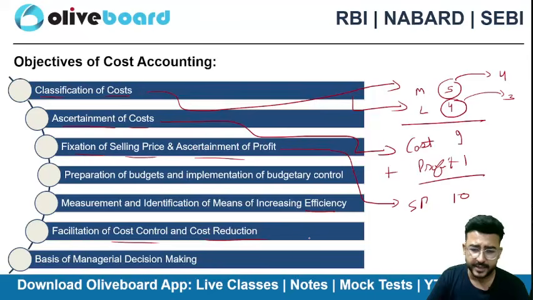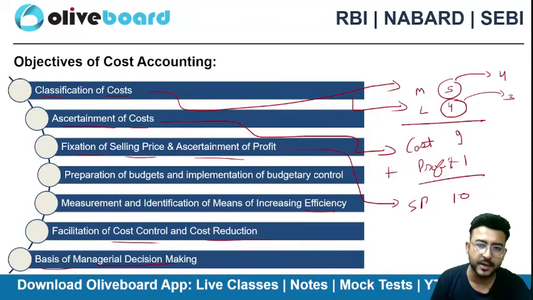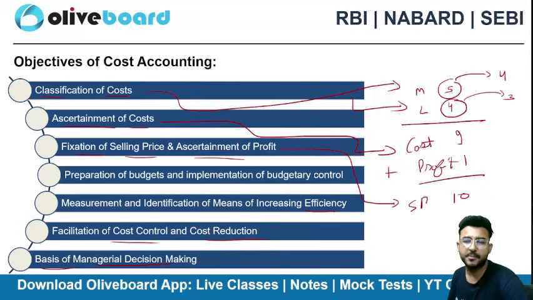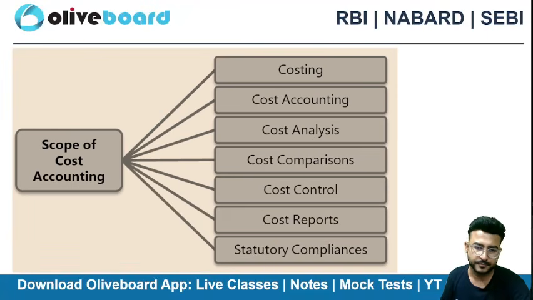Cost control and reduction is also an objective of cost accounting, and this becomes the basis of managerial decision making. Now what is managerial decision making? It's a part of your marginal costing, a very interesting chapter. So these are some of the objectives of cost accounting, okay?